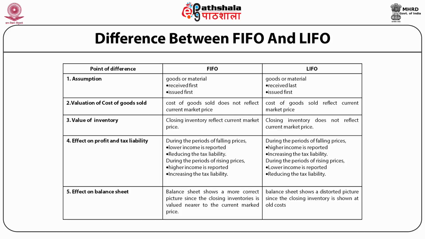In case of FIFO, cost of goods sold does not reflect current prices, whereas in case of LIFO, these represent current prices. Value of inventory. Closing inventory reflects current market prices in FIFO method, whereas closing inventory does not reflect current prices in LIFO method.